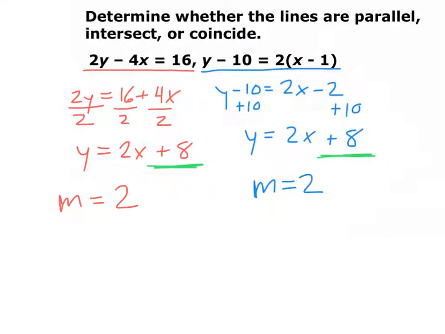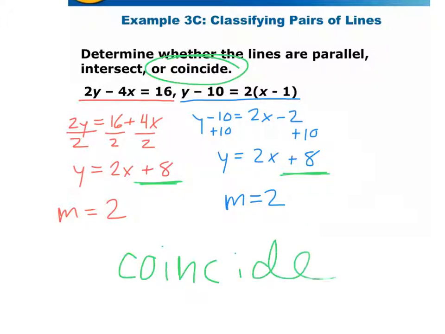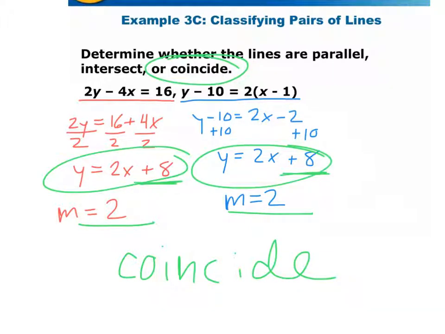So what does it mean when the slopes are the same and the y-intercepts are the same? Are they parallel, intersect, or coincide? They coincide. Look at these two equations. These two are the same, so they're the same lines.